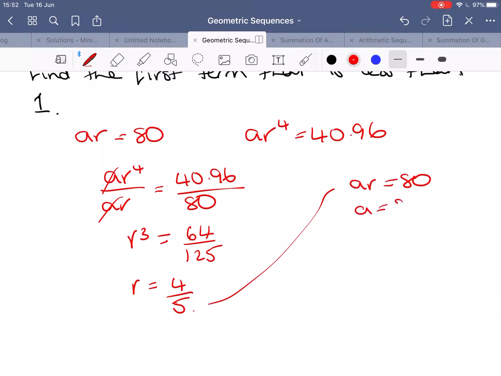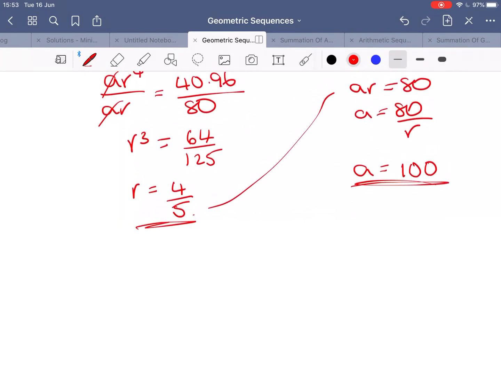So my a is just going to be 80 divided by my common ratio. So a is 80 divided by that, which is 100. Okay, so I've got my common ratio and I've got my first term.